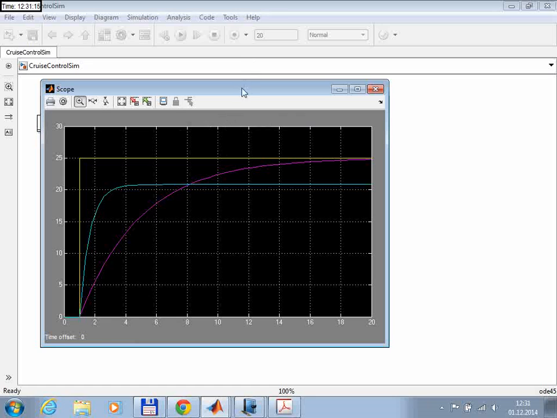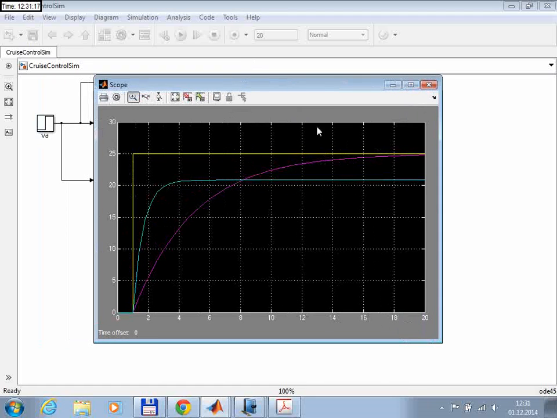So what you see here is the responses with open loop and closed loop controllers. This purple one shows the response with open loop control. You see the effect of the time constant. It takes some time before it reaches the steady state. But with closed loop control, the steady state is reached a lot quicker.